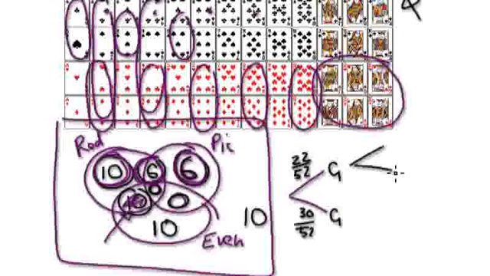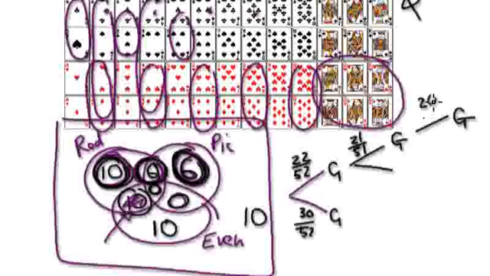Now suppose we just picked out a good card. What is the probability of us picking out another good card? It will be 21 over 51, because we're only interested in cards from these 3 segments here. Now what is the probability of you getting another good card? It will be 20 over 50.